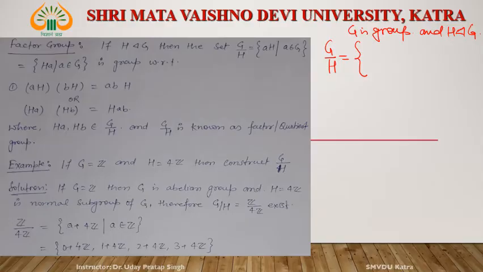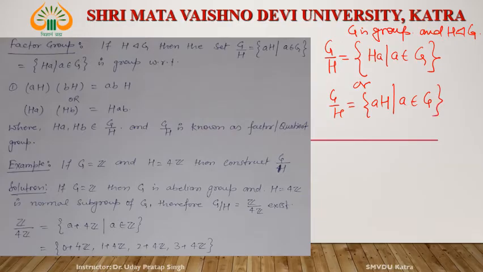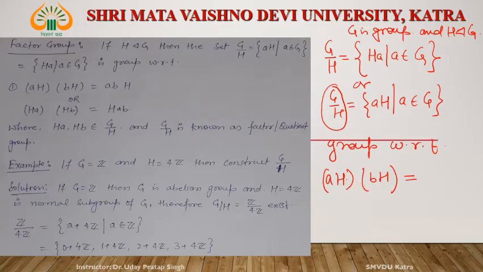What is G by H? The elements of G by H are either of this type, HA, A belongs to G, or AH, A belongs to G. Then this G by H forms a group with respect to the operation defined as follows: AH and BH are elements of G by H, and the operation between them is ABH.